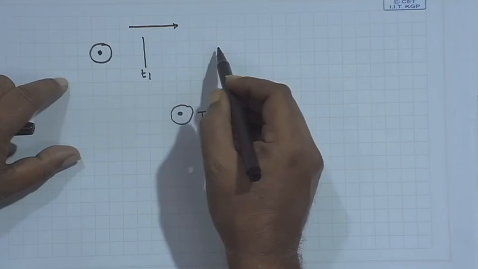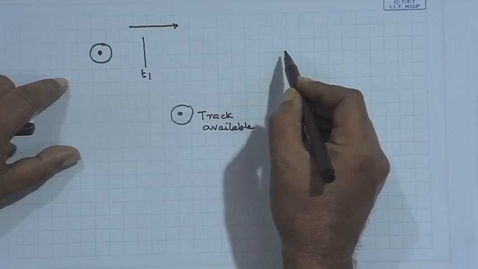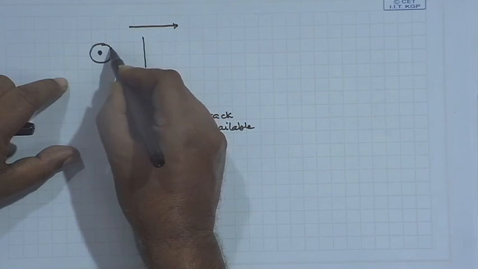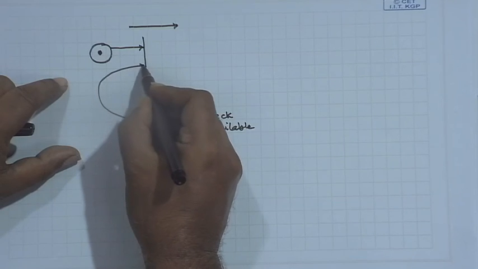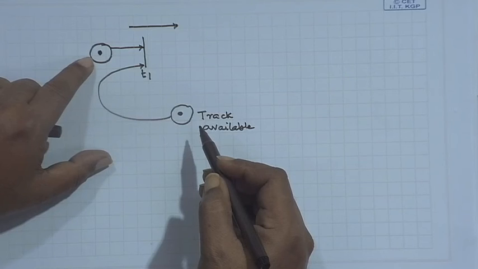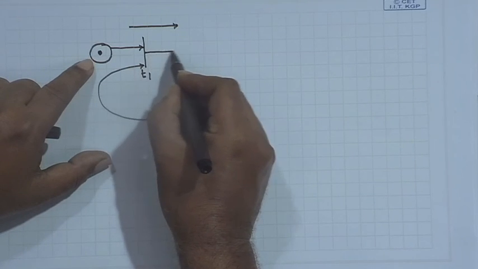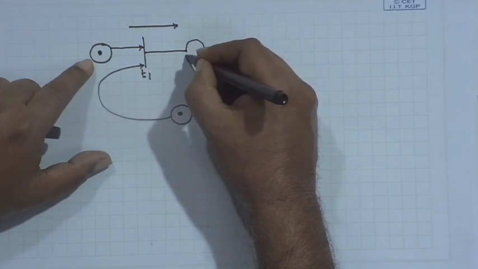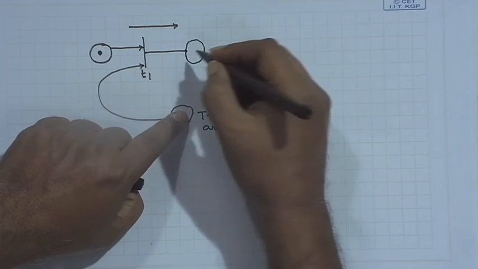Now, I will allow the train to move in this direction only if the track is available. So, if I model it like this, then the train can move if both the conditions are true, and as soon as the train moves across the signal, it comes here, then this token is consumed, the track is no longer available.